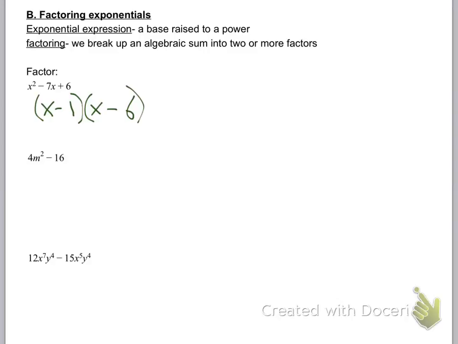Or, wait a minute, first off, is there a common term? 4. So wouldn't it just be easier to say, hey, I can factor a 4 off. That leaves me with m squared minus 4. I think this would make my numbers smaller, make it a little bit more manageable.